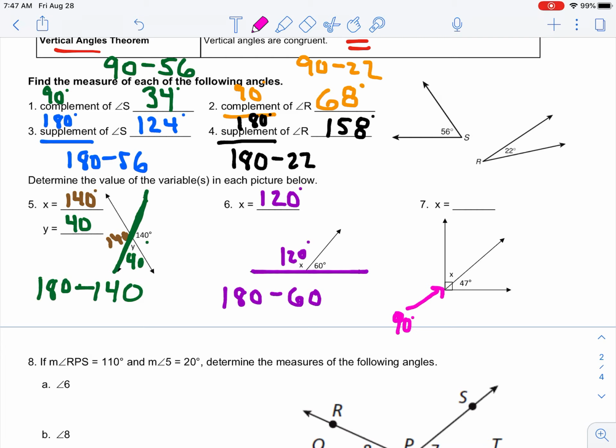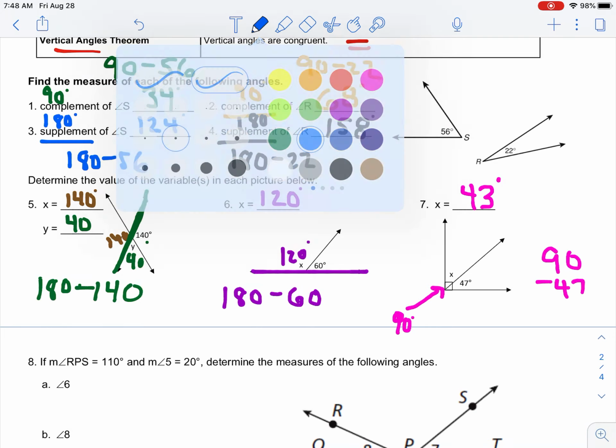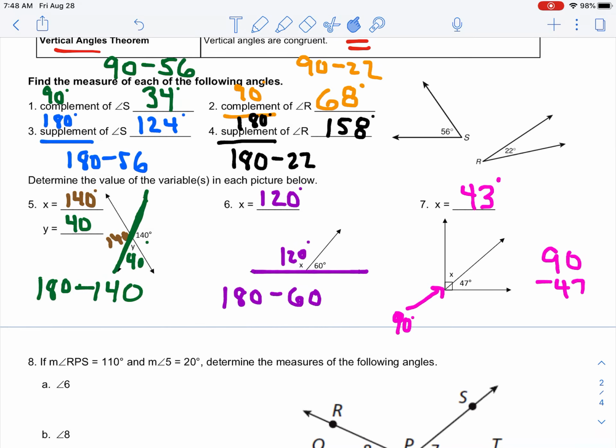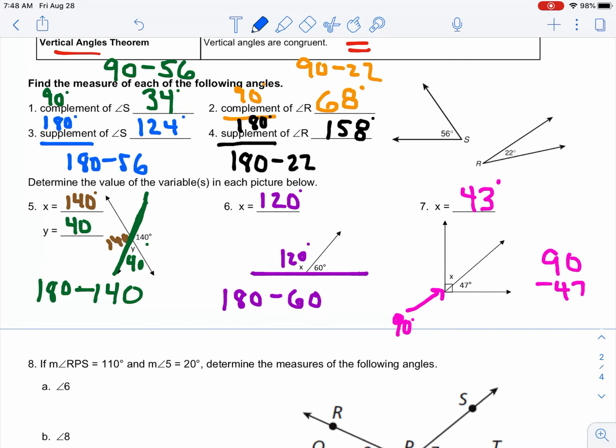So to find the X, I can take 90 minus 47. Again, we can do that because that little square box in the corner symbolizes that angle has to equal 90 degrees. Well, if we do 90 minus 47, that will give us a total of 43 degrees left. So we have 43 left.